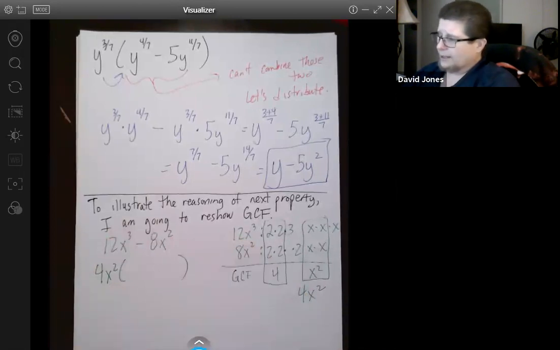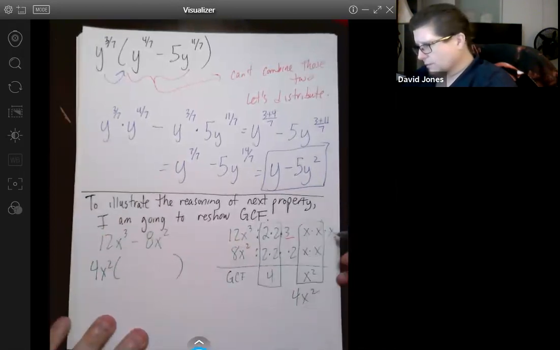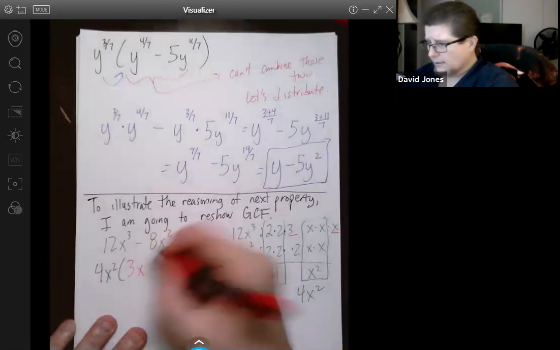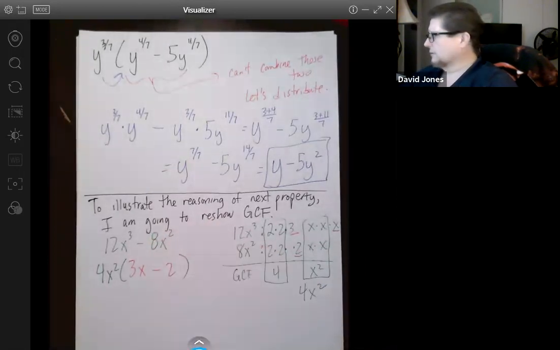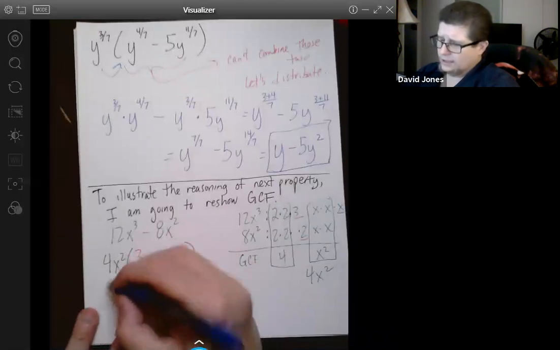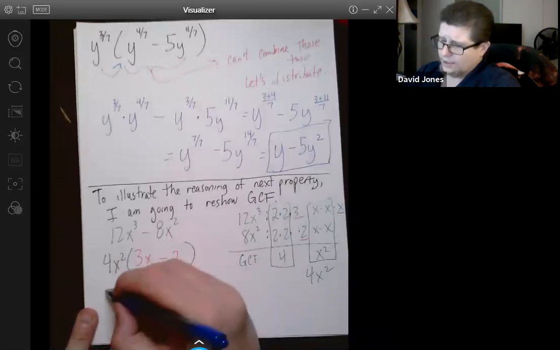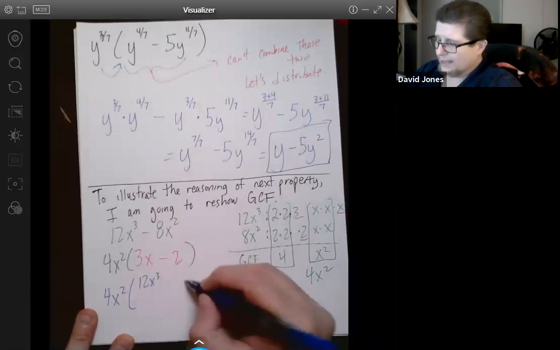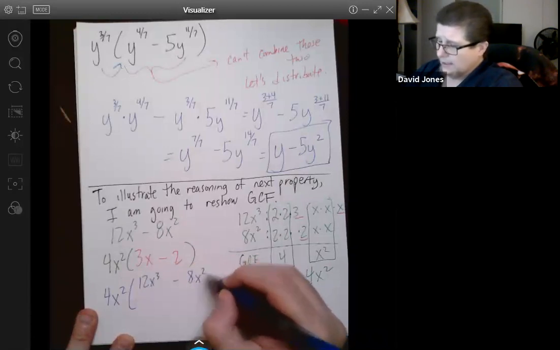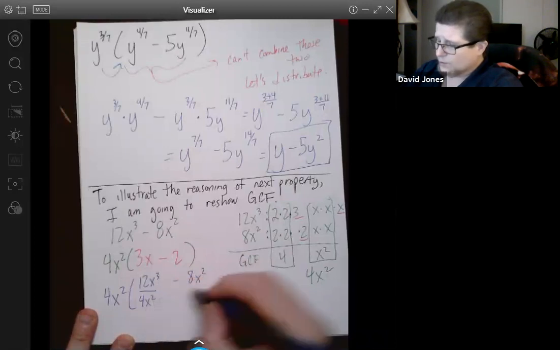What did that leave behind? 3x. Then I got my minus sign and a 2x. Note this is the same thing as doing 4x squared and taking the original things that we had and dividing them by the 4x squared. Same thing.